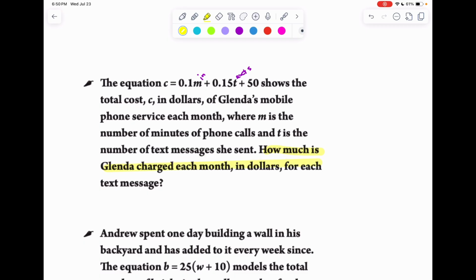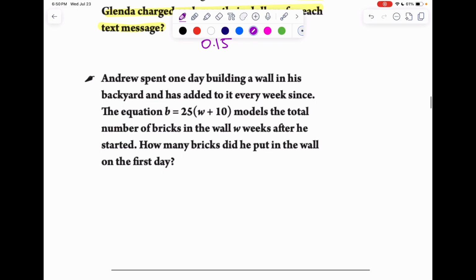This is for each text message. Well, the text messages, you'll see, are tied to the 0.15. So every time T goes up by 1, I add another 0.15 to my total cost. So for each text message, it would be $0.15 or 15 cents.